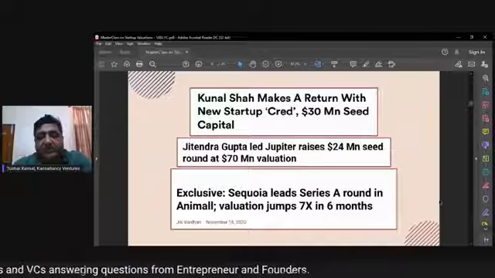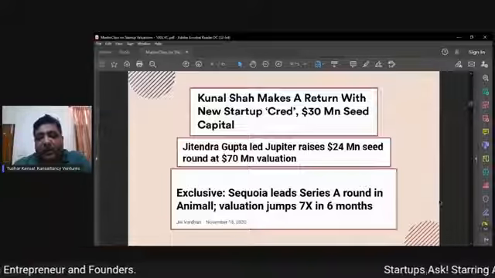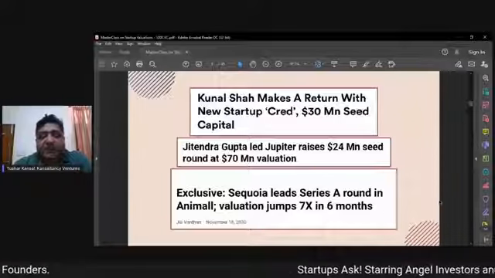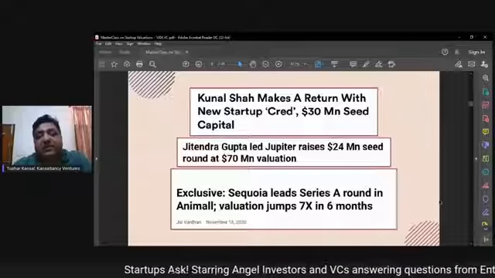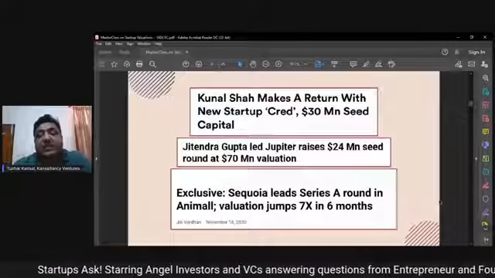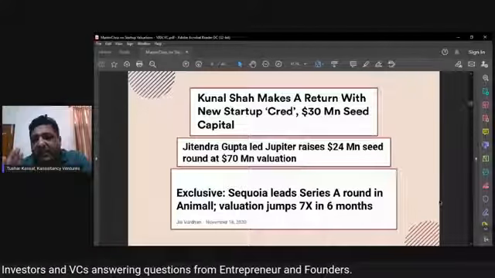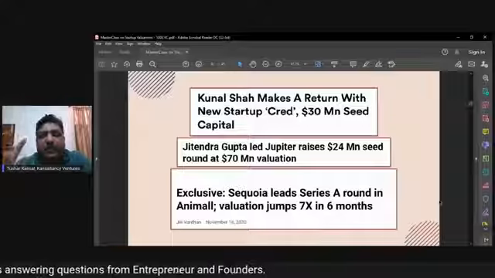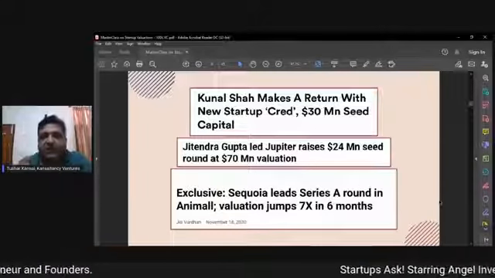Jitendra Gupta sold his fintech company to Naspers-led PayU, and when he started Jupiter, he raised $24 million at a $70 million valuation. So the investor is willing to bet his money, even at a seed stage, on those founders who have already done it.